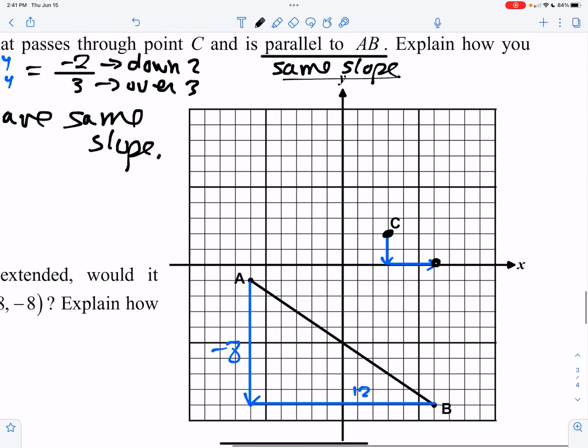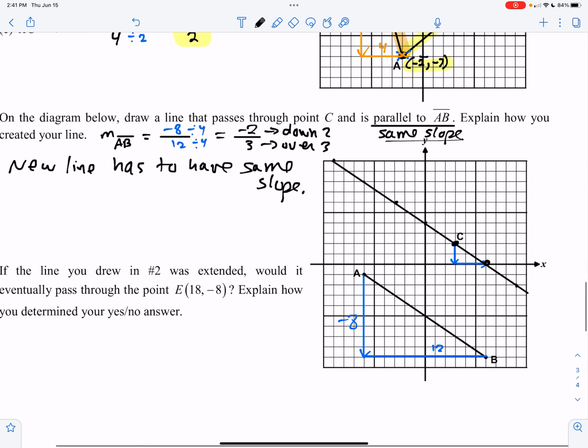And you draw a line through that, and you'll see that those two lines are exactly parallel.